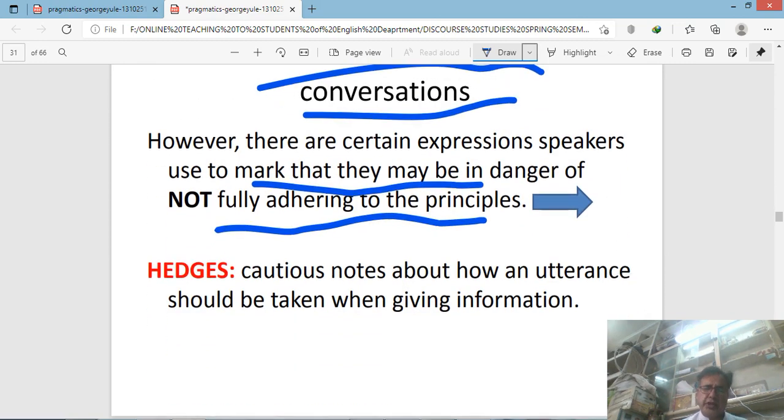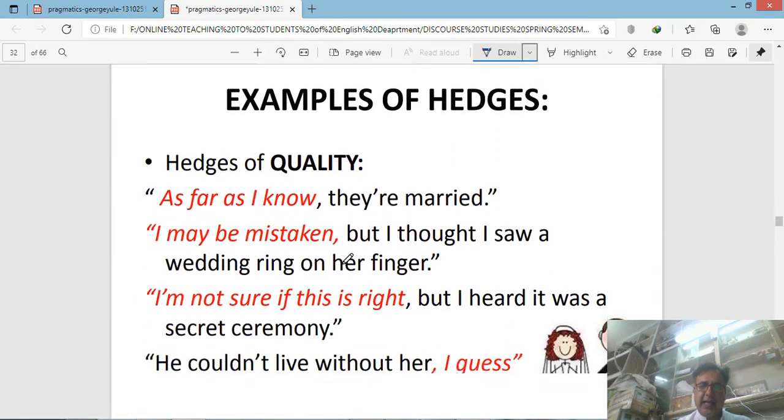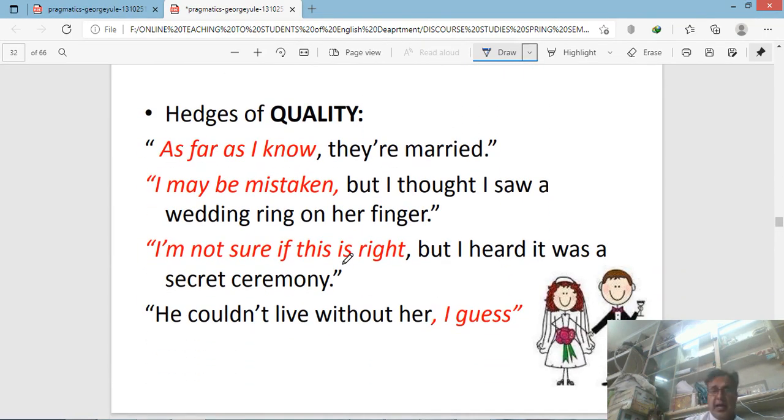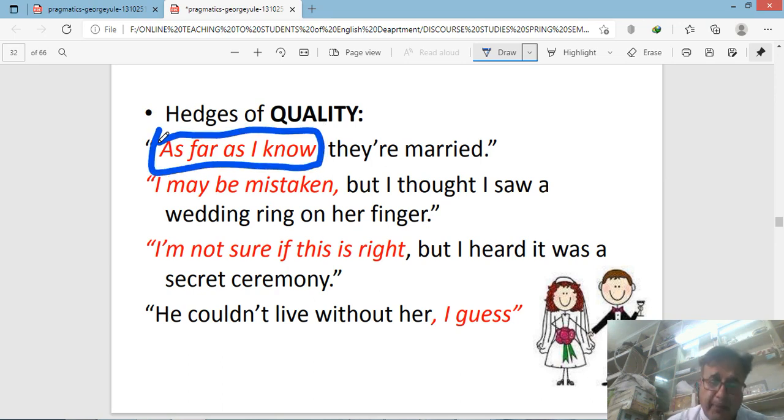There are even some hedges. Hedges means cautious notes, something which makes your expression more accurate and more authentic. For example, hedges of quality: "As far as I know, they are married."